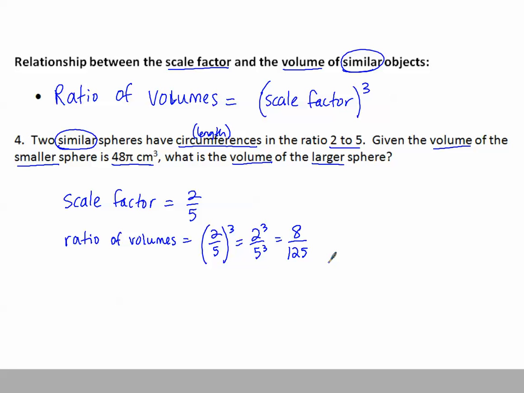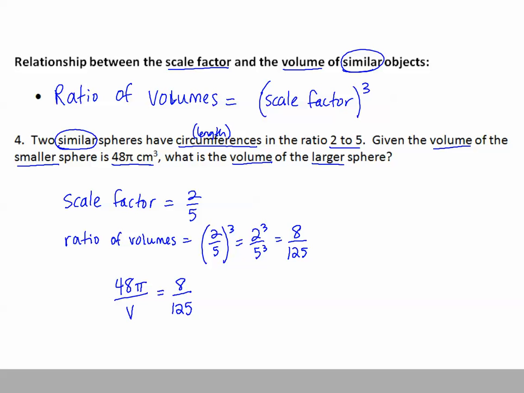Now let's make a proportion with the volumes that we know and want to know and the ratio of the volumes. So the smaller sphere has a volume of 48 pi. The larger sphere, we don't know the volume. What is it? So we can say V for volume, or X if you prefer that, equals the ratio of the volumes, 8 over 125.